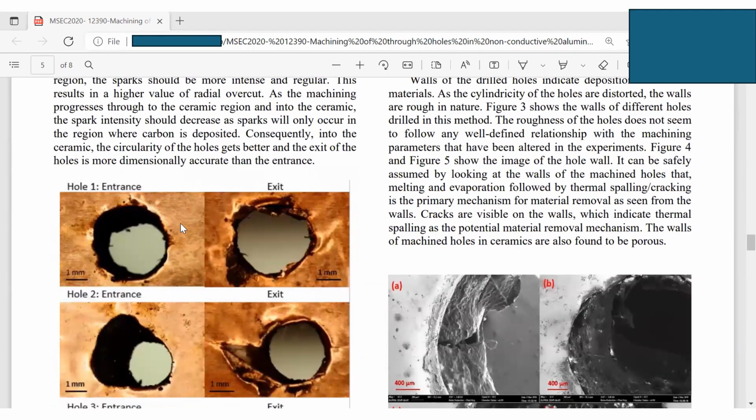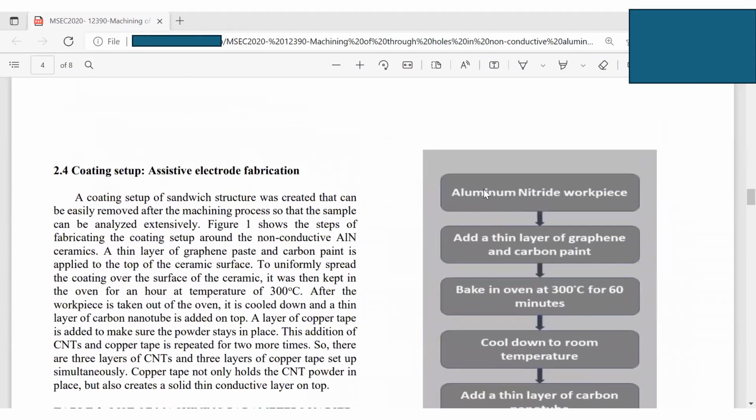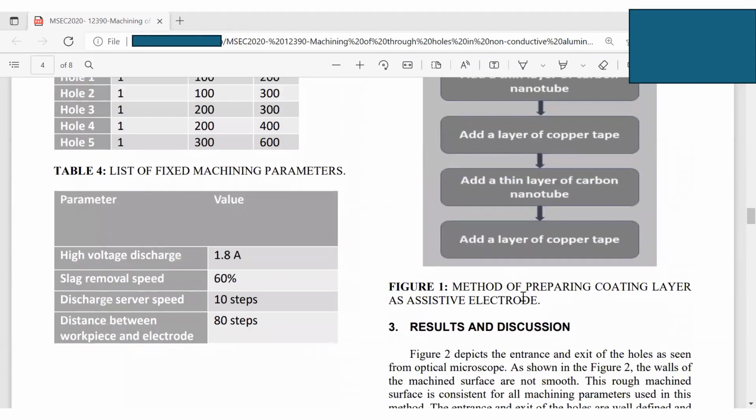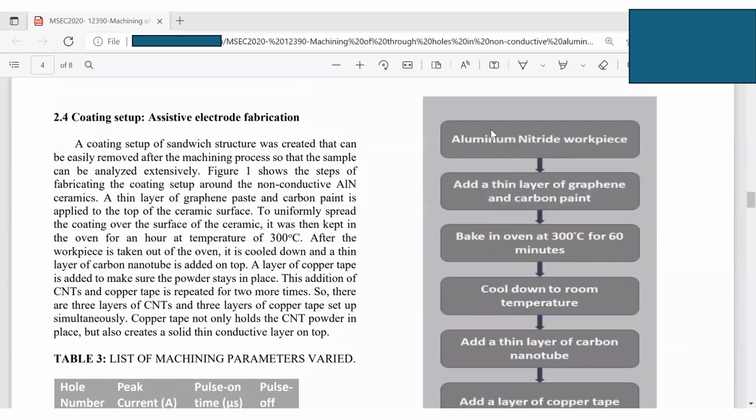This is one method of preparing a coating layer as an assisting electrode. How do we do that? Suppose we have a non-conductive workpiece. We add a thin layer of graphene and carbon paint, bake it in an oven at this temperature for some time, and then cool down to room temperature.